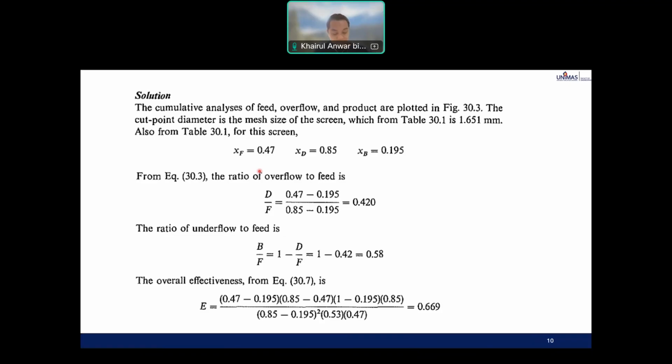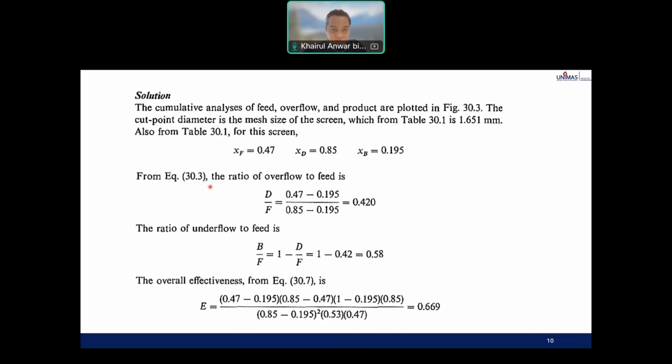Only 0.195 is the underflow. So overflow refers to the oversize, underflow refers to the undersize. So for this XF is 0.47, XT is 0.85, and XP is 0.195.